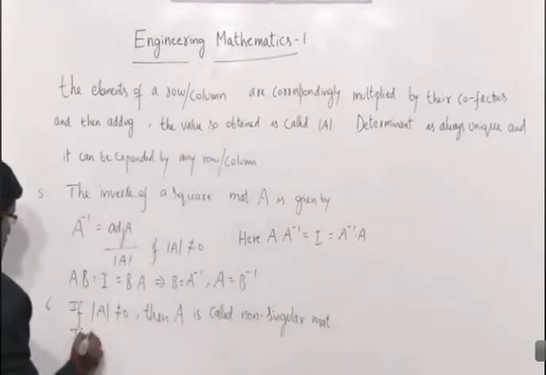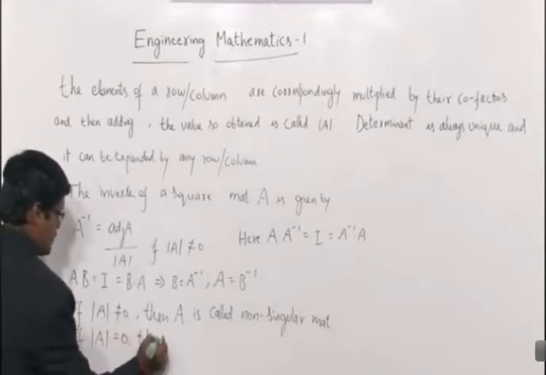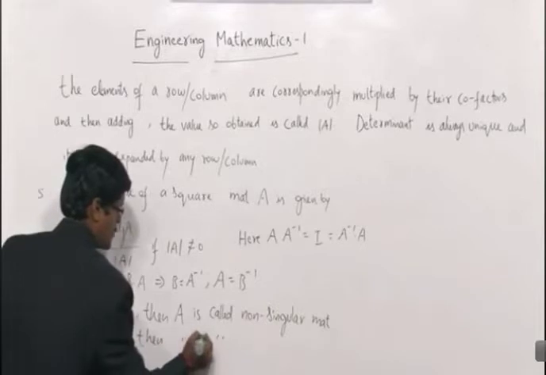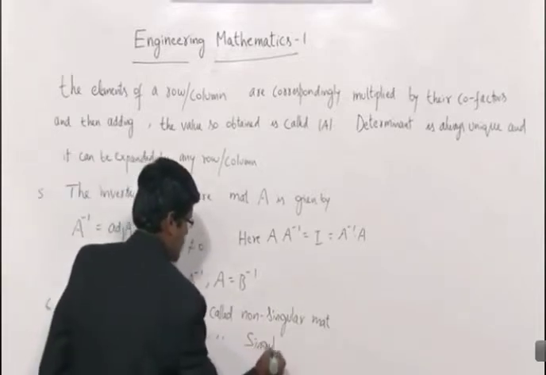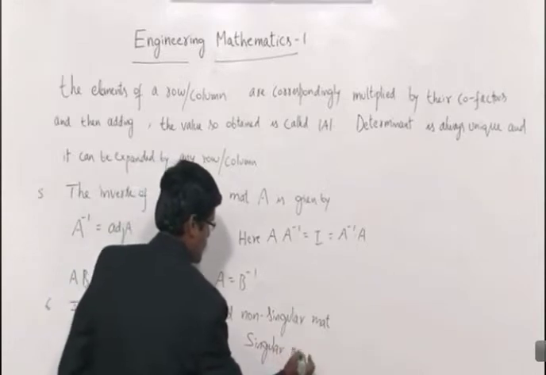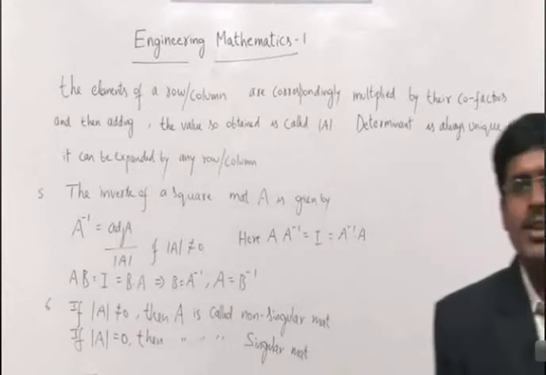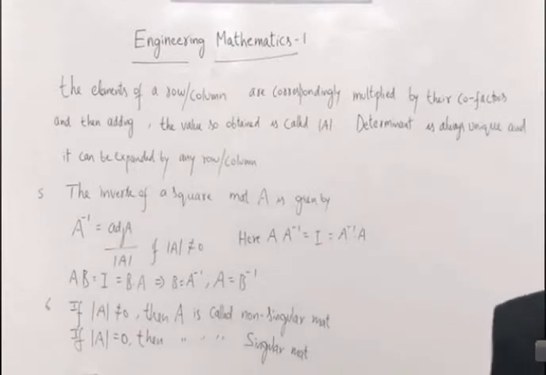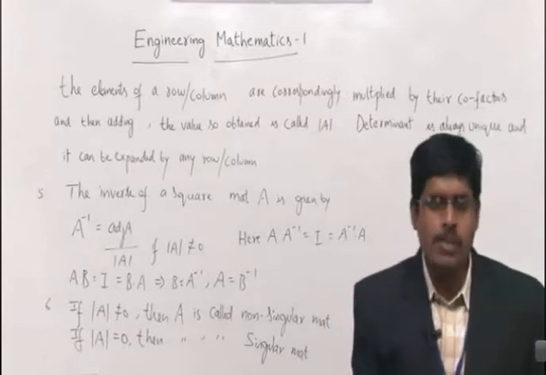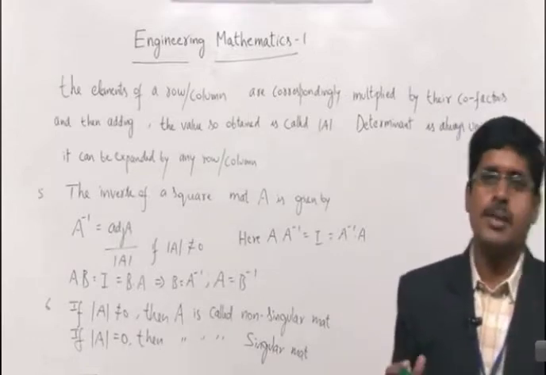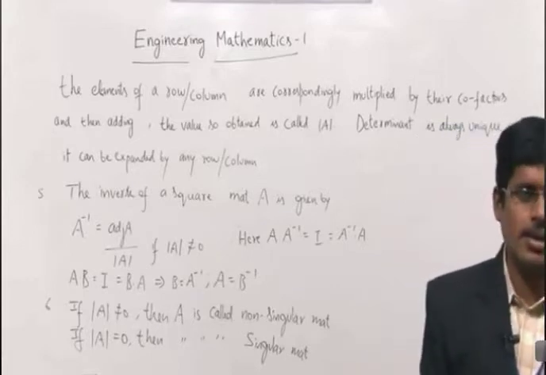If determinant A is equal to 0, then A is called a singular matrix. So inverse exists for determinant not equal to 0. That means inverse exists for a non-singular matrix. Similarly, a matrix A is said to be invertible, that is A inverse exists, for non-singular matrices only, that is determinant not equal to 0.